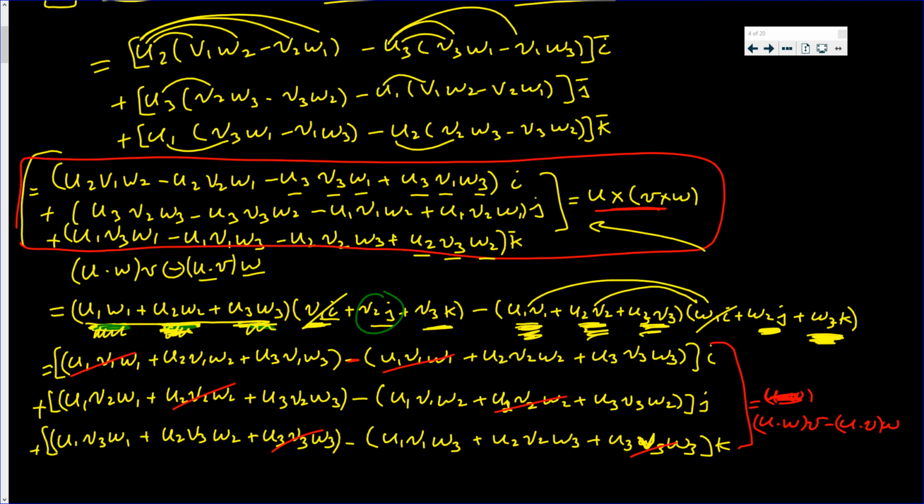Okay, well, let us check. This here in the i direction, this has U2 V1 W2. And that's right here. So those are the same. Minus, I'm just going to call it 221. Minus 221. Well, I don't know why I don't have this. We'll have to look to see why.